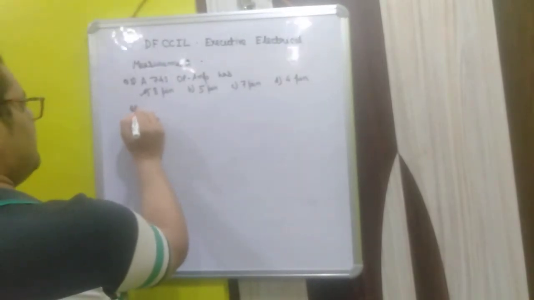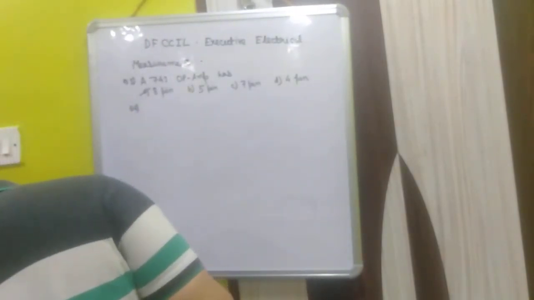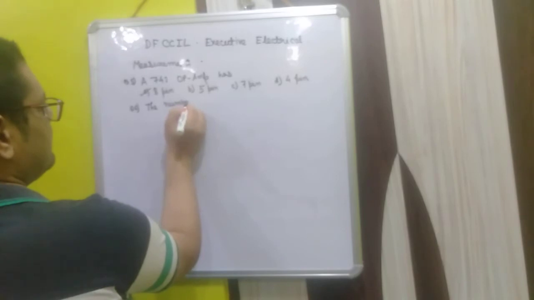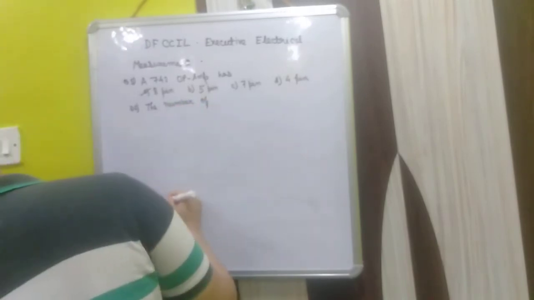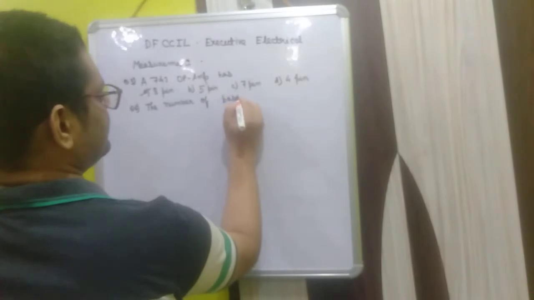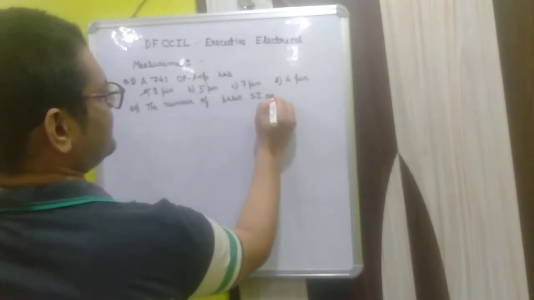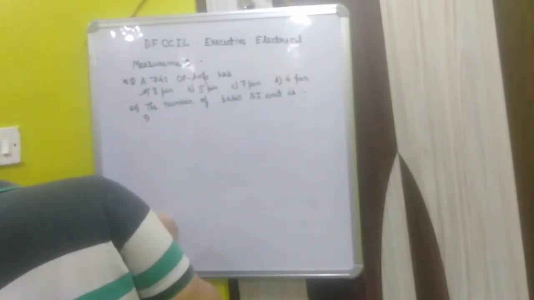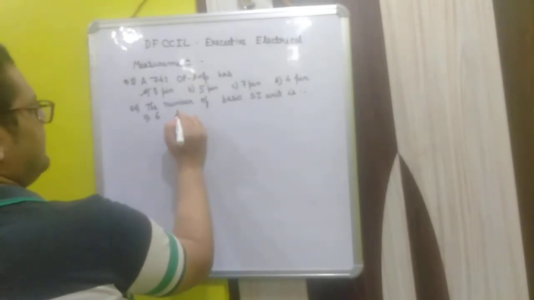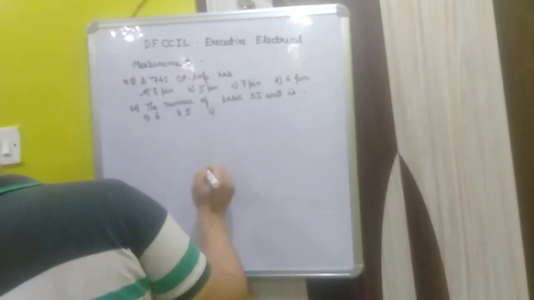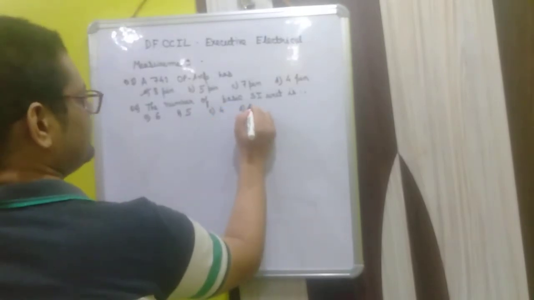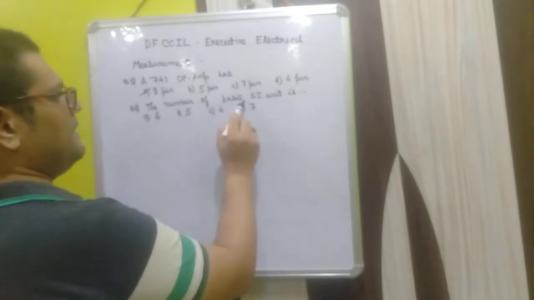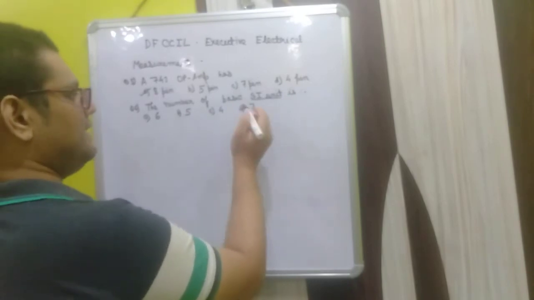Now I go to question number 6. The number of basic SI units is, and there are 4 options: A is 6, B is 5, C is 4, and D is 7. If we see the number of basic SI units used for measurement, that will be option 7.